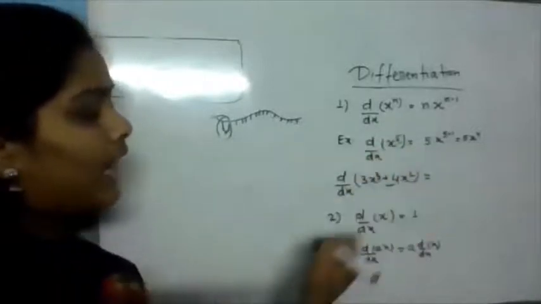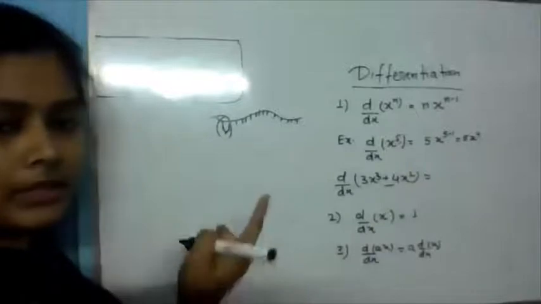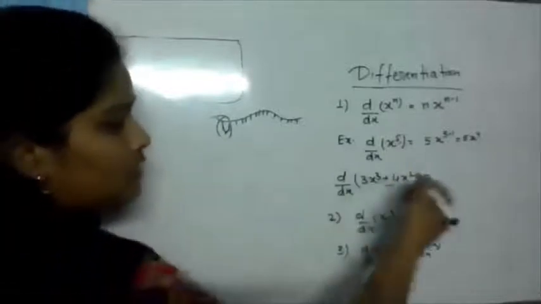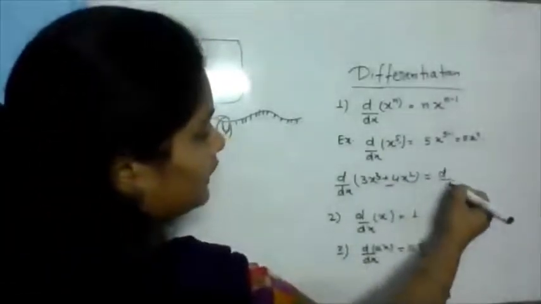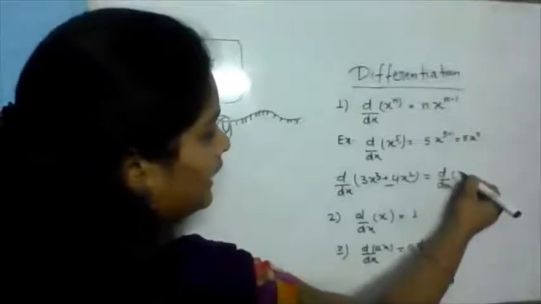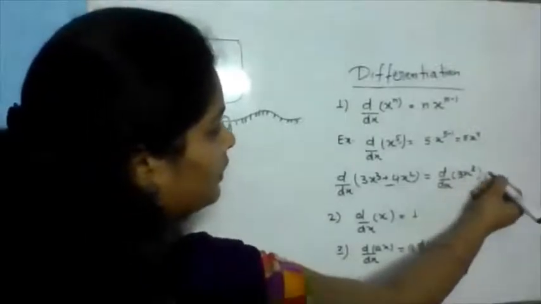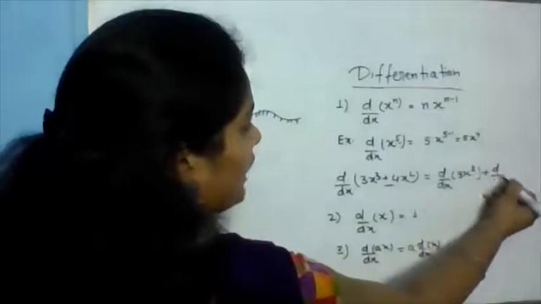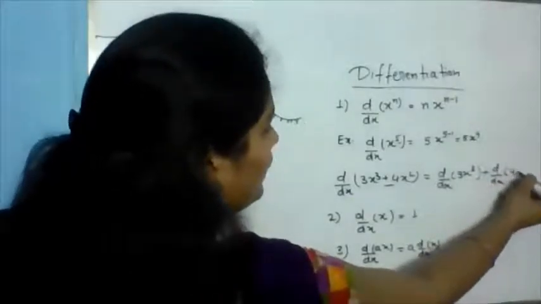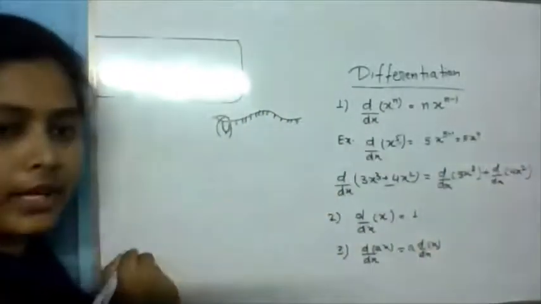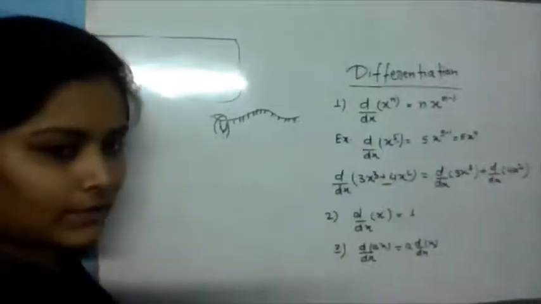Now, if we have a function in which we have the operator addition, what we will do is d upon dx of 3x cube plus d upon dx of 4x square. We have to write like this.